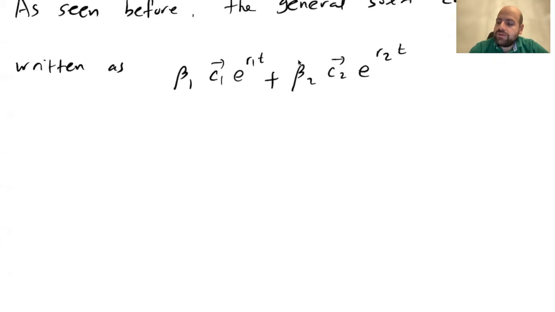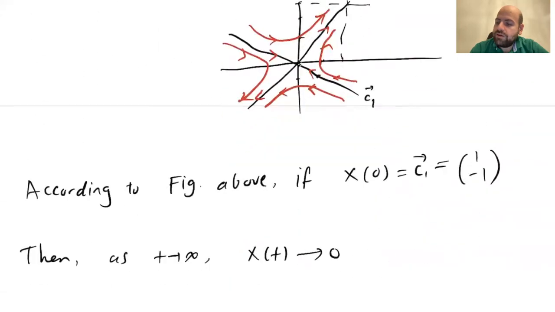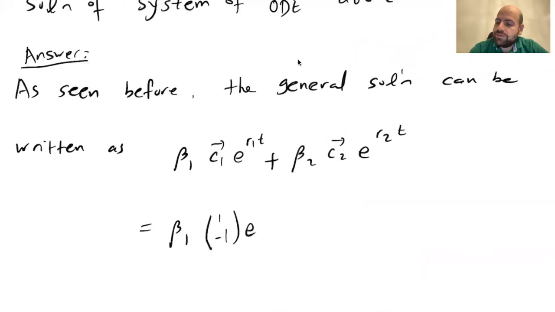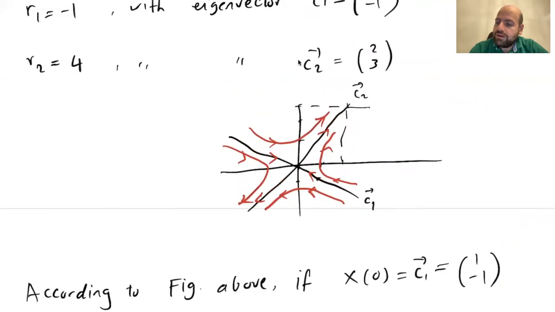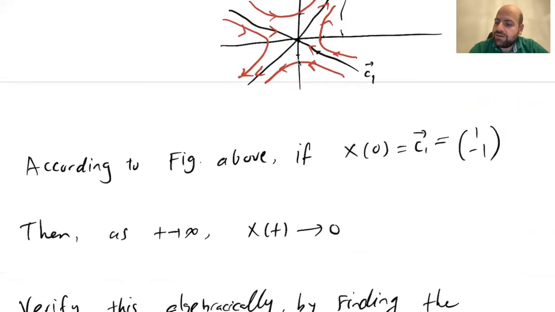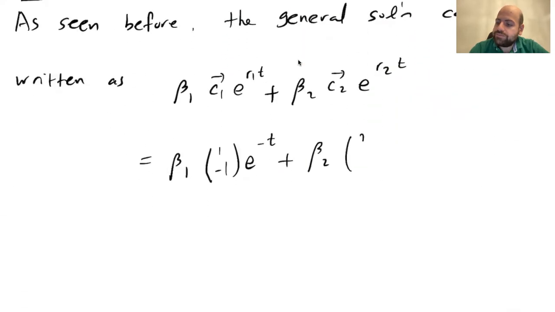So that will be beta 1 times (1, -1) e to the power minus t, plus beta 2 times (2, 3) e to the power 4t.